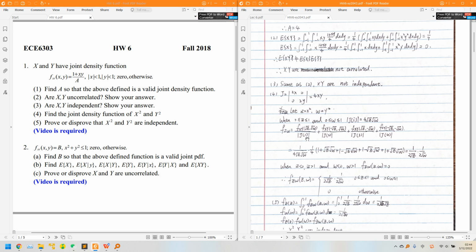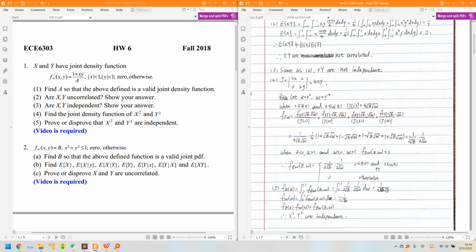We have 4 terms, and we can plug in these values, and we get that the joint density function of z and w is 1 over 2 times the square root of z, times 1 over 2 times the square root of w. For other z and w values, the density function should be 0.